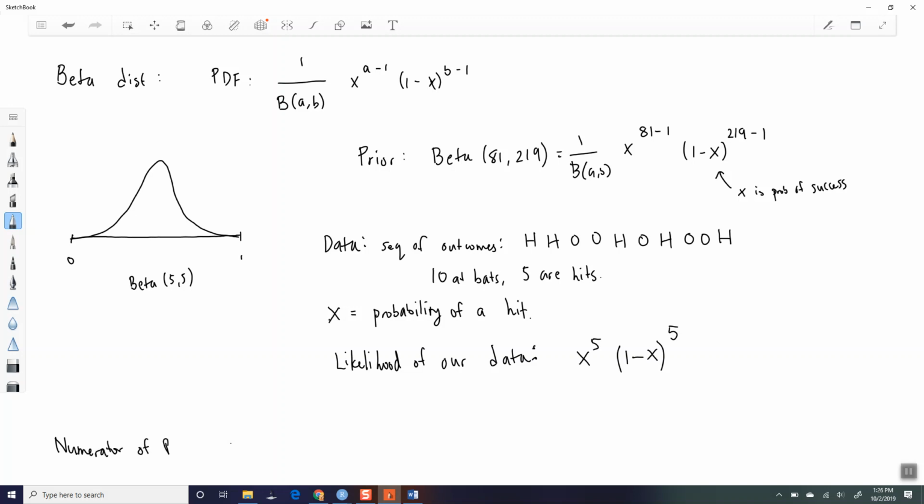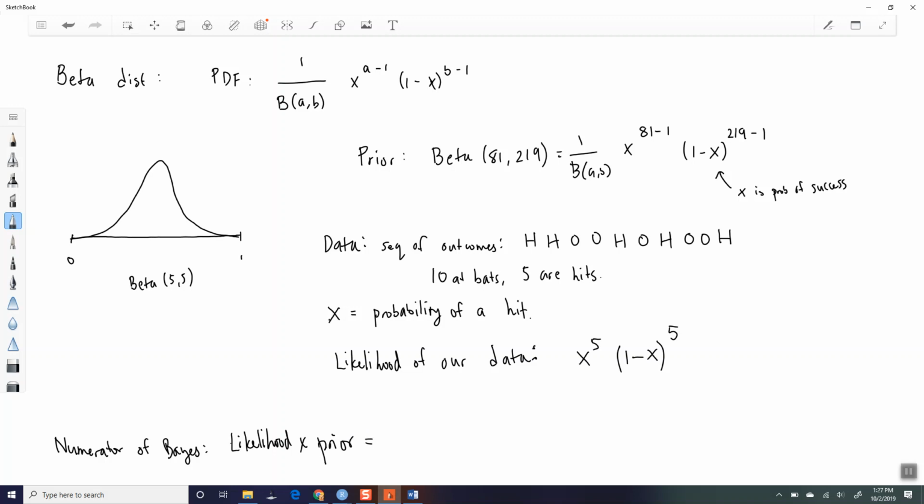If I want the numerator of Bayes' rule, that's going to be the likelihood times the prior. It's not a coincidence that it works nicely.